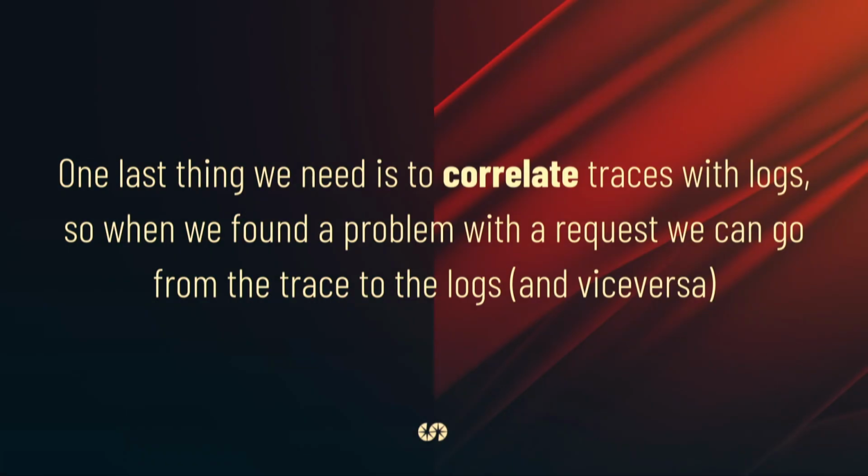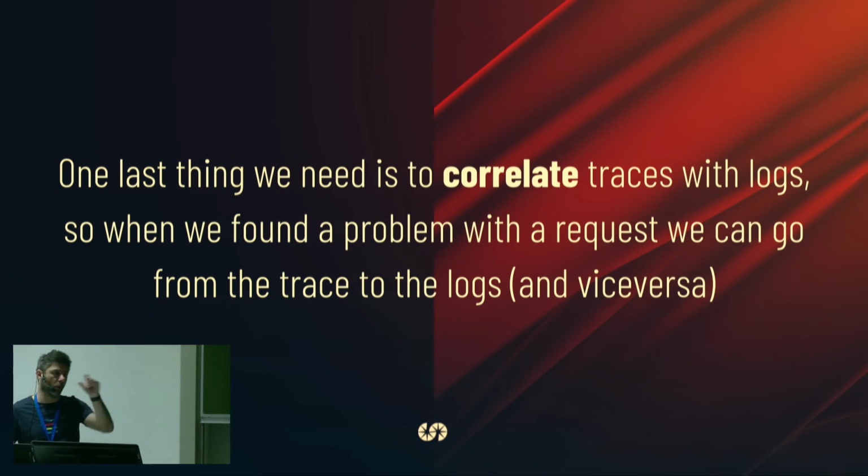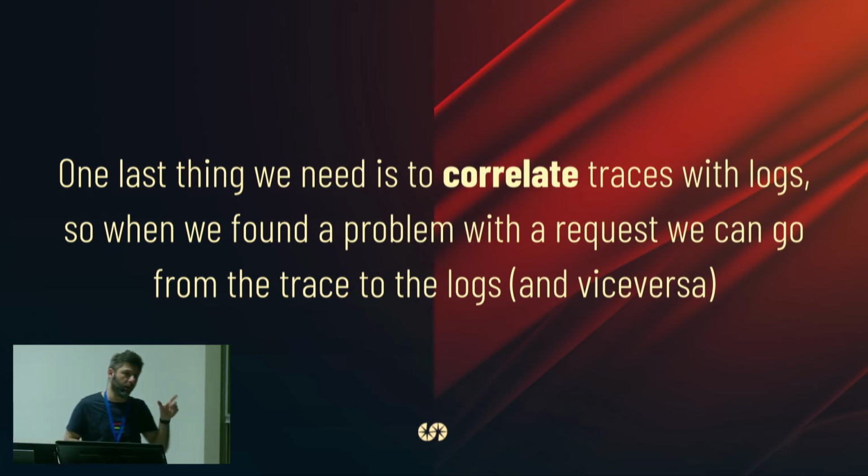Okay. One last thing we can do is correlate traces with logs, and logs with traces. Every time you log something on Drupal, it is useful to understand from which request and response that log comes out.